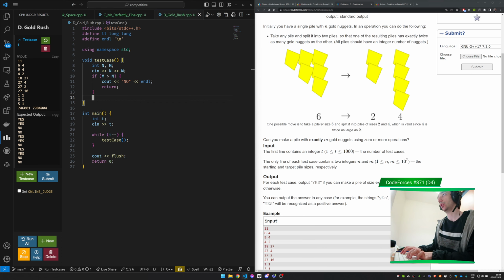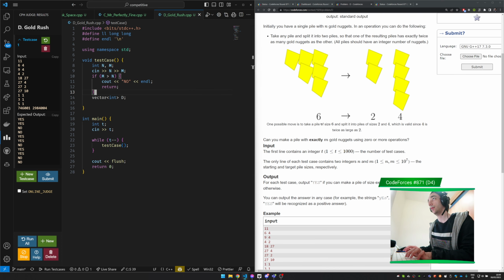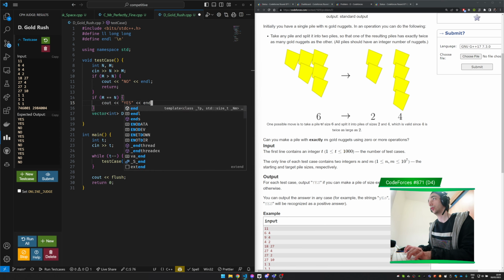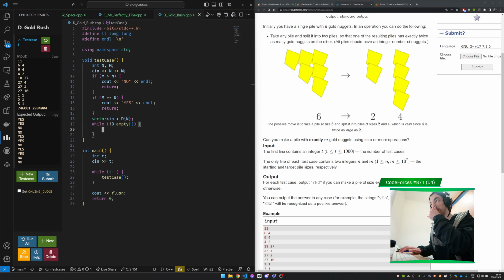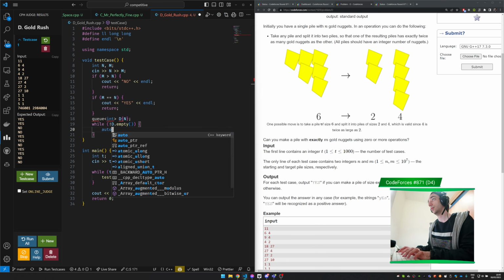Yeah, so I will do this. So if m is equal to n, then sure. If not, this has the n, right? And then while d is not empty, we are going to maybe just do q or something.